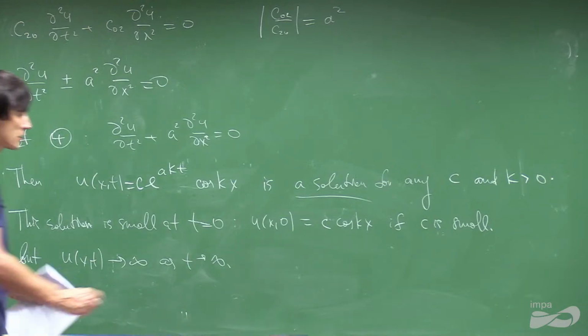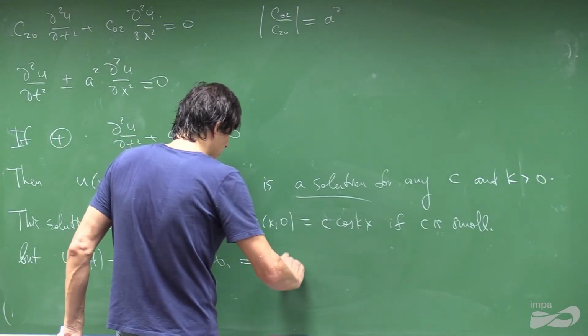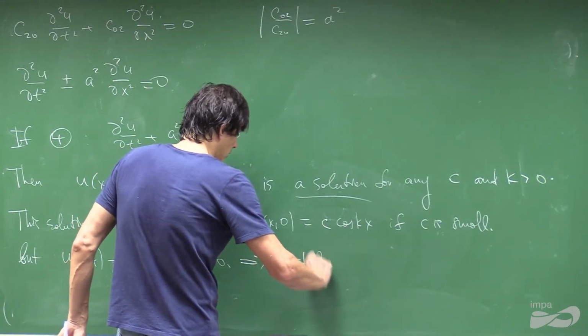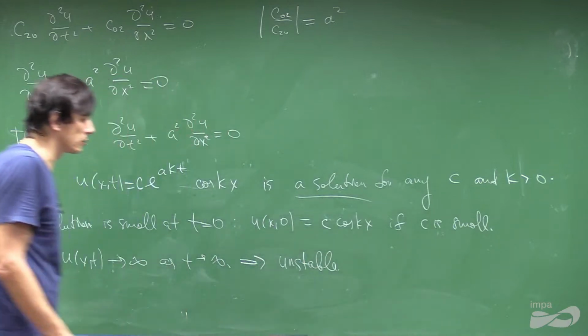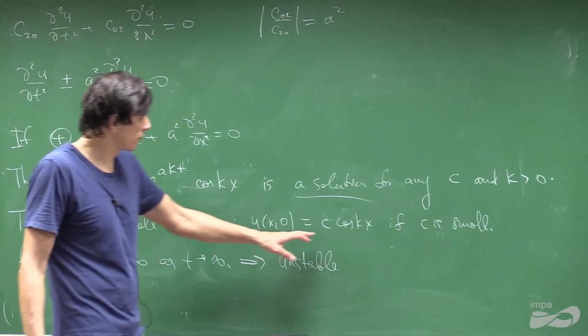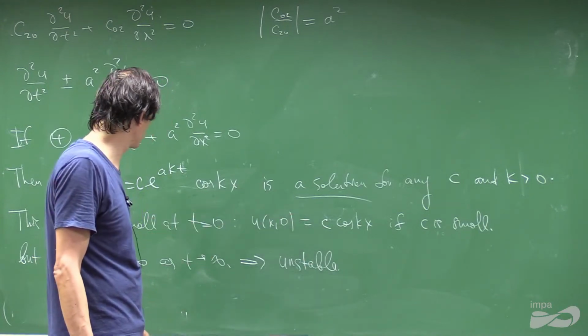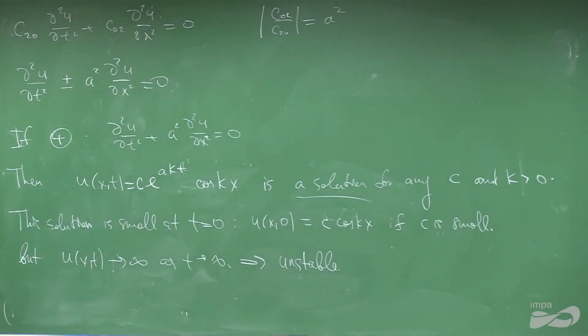So it means that this situation is unstable. So the equilibrium, which was 0, where we linearized, is unstable because we can choose an arbitrarily small initial condition, which will become arbitrarily large for large time.